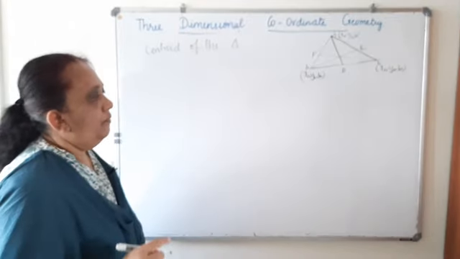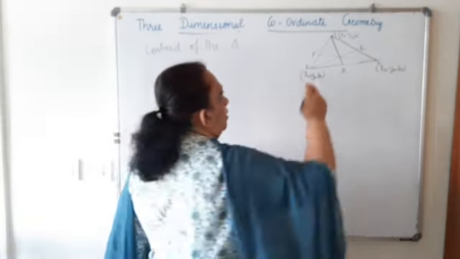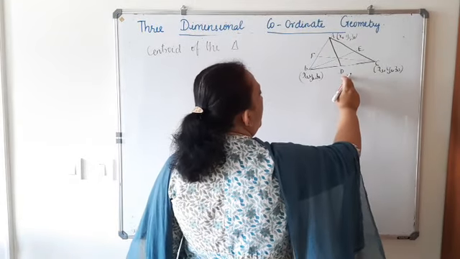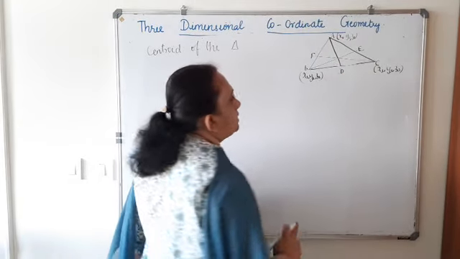That is, from the vertex to the midpoint of the opposite side, that is called a median.